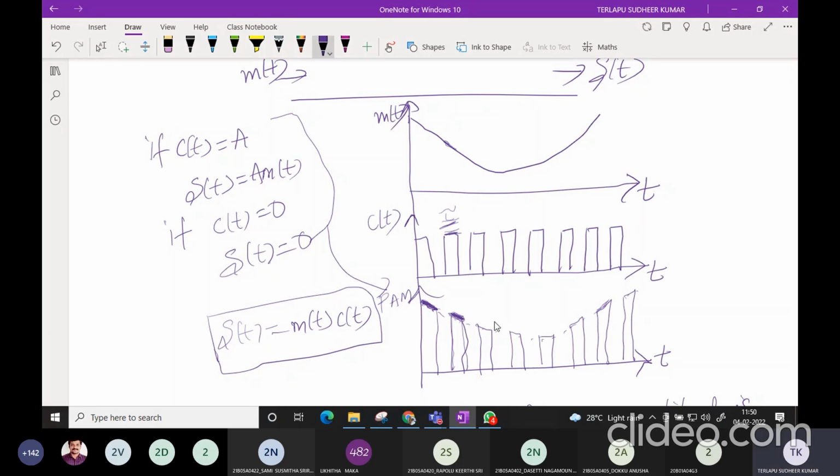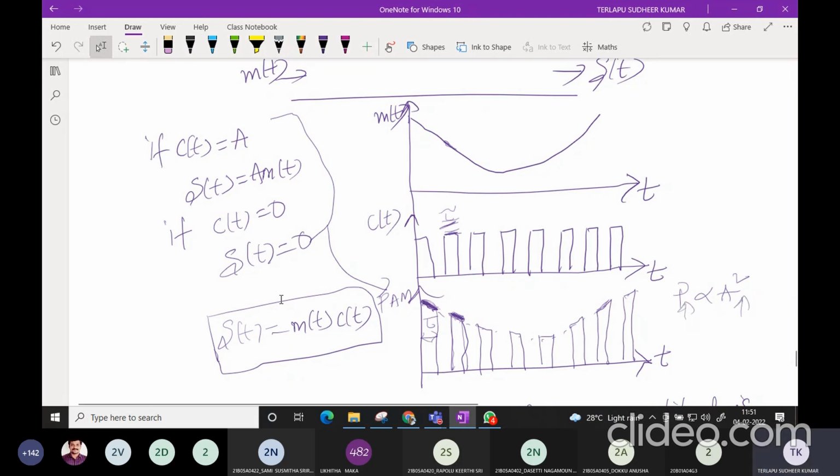Now, within this interval of time tau, whatever the transmitted signal, because my amplitude is varying, and power is proportional to the square of the amplitude of the signal, my power is also varying.